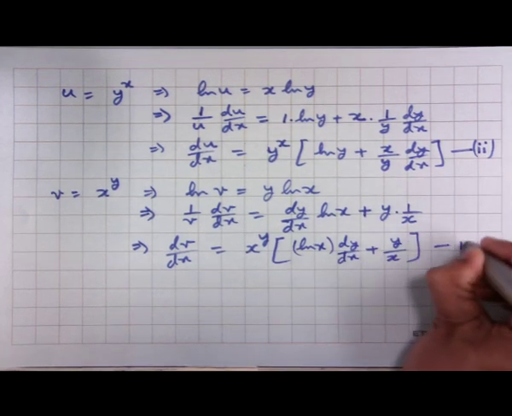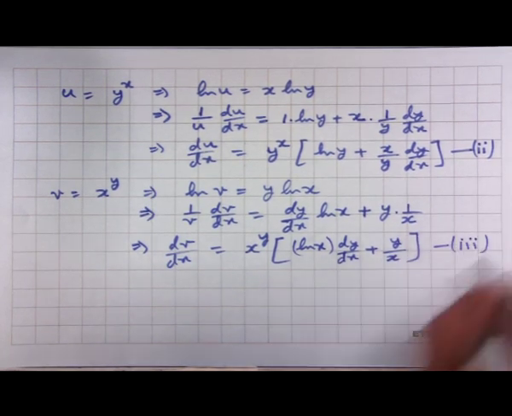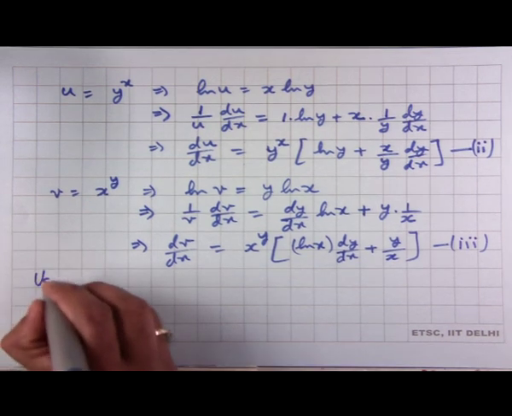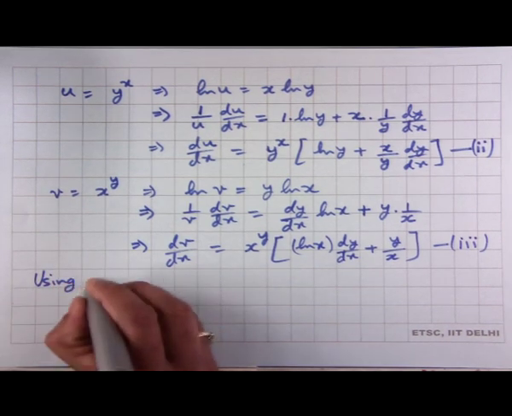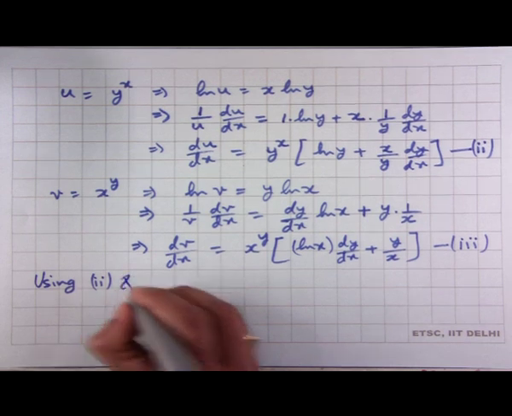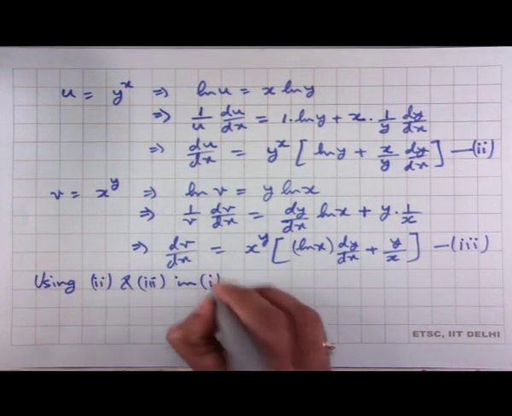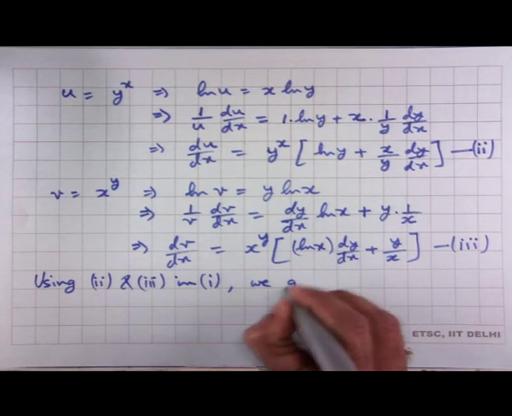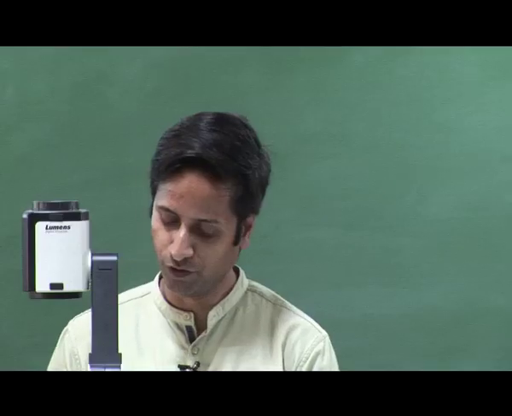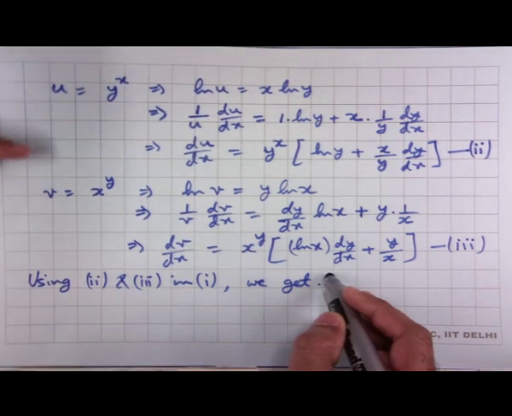This is equation 3. Now, using 2 and 3 in 1, we get the value of du/dx and dv/dx.